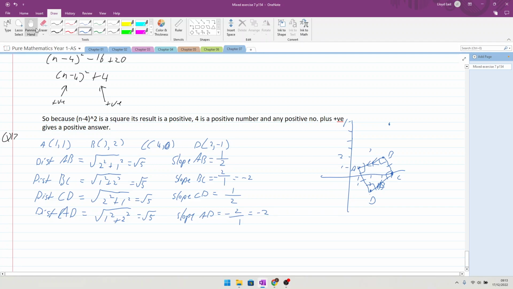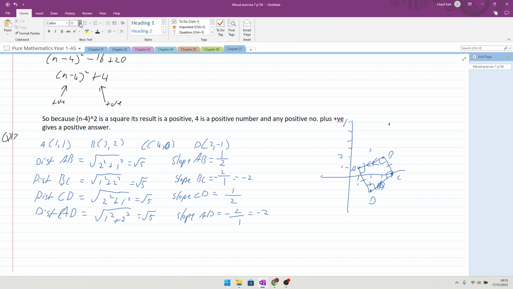Okay. So again, a little bit of writing just to finish that off, to show that it is a square, now that we've done all those calculations. So all lengths are root 5, and all slopes are the negative inverse of the adjacent slopes.